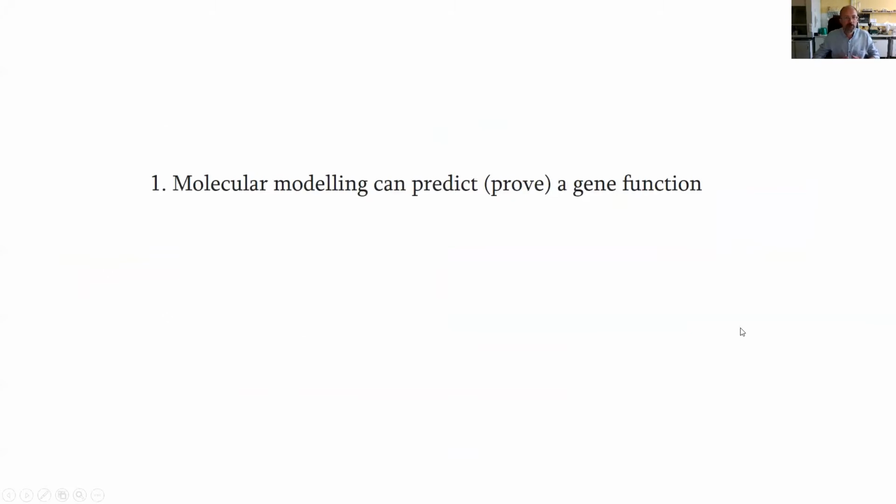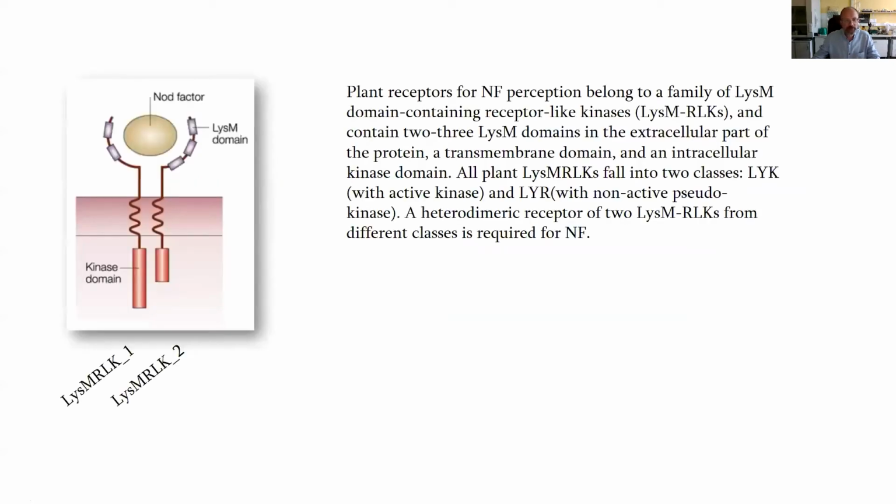And how molecular modeling can predict or prove a gene function. Plant receptors for Nod factor perception belong to the family of LysM domain-containing receptor-like kinases and contain 2 or 3 LysM domains in the extracellular part of the protein, a transmembrane domain, and an intracellular kinase domain.